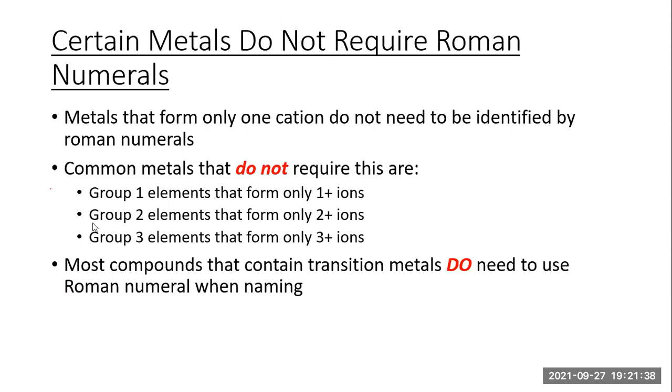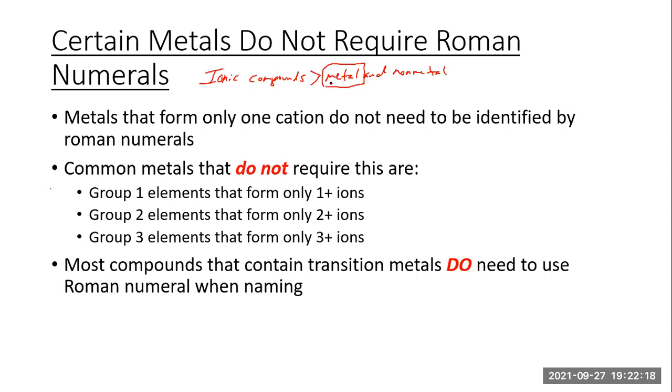When we have an ionic compound, as a reminder, that is always between a metal and a non-metal. Whenever you have that combination of two things, the most important one is always the metal. The location of that metal on the periodic table determines how you go about naming them. If it's a metal that has a fixed charge, it will be somebody from group 1, group 2, group 3.